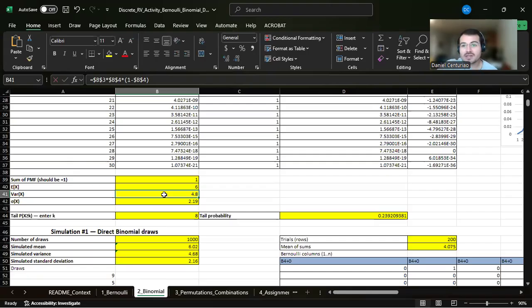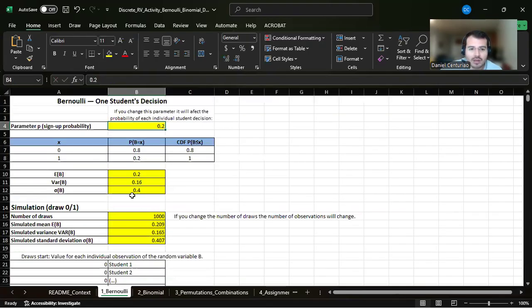It's the theoretical calculations of how we calculate expected value, variance and standard deviation now for the binomial distribution. In the slides, you're going to find the formulas for how to do this. This is the theoretical way, similar to what we did in the previous table.